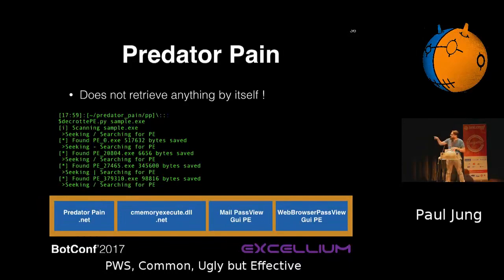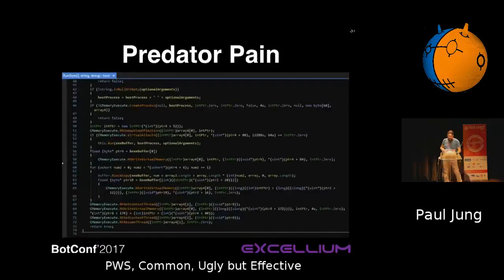You have the main code, a DLL in .NET, and two GUI PE. If you take a look at the DLL, you have a classical RunPE procedure. It's a well-known way to inject your code. You start a process, suspend it, copy your PE to the right location inside it, and release the process. You run a legitimate executable, but you have changed the inside. So that's a classical old way to inject code.